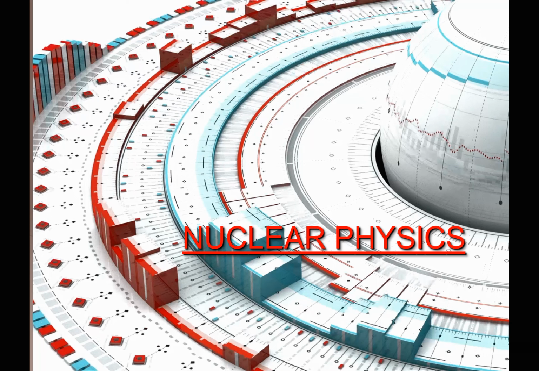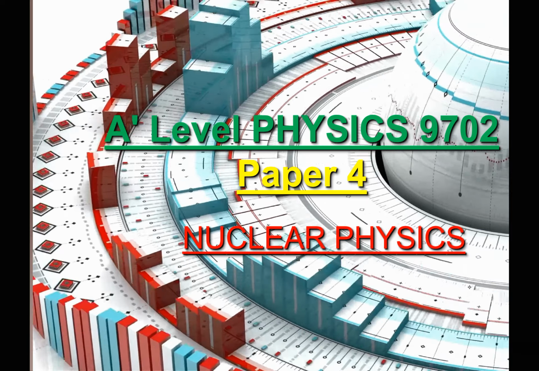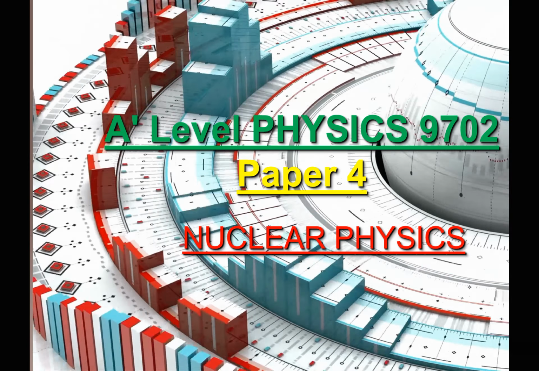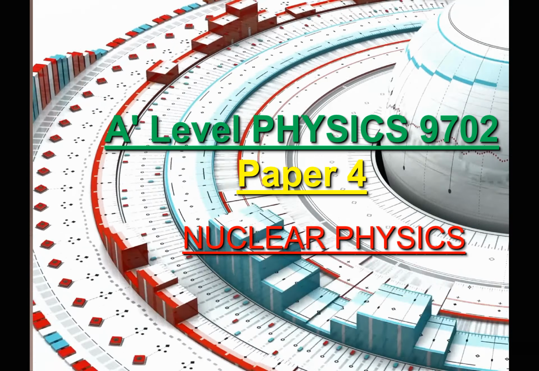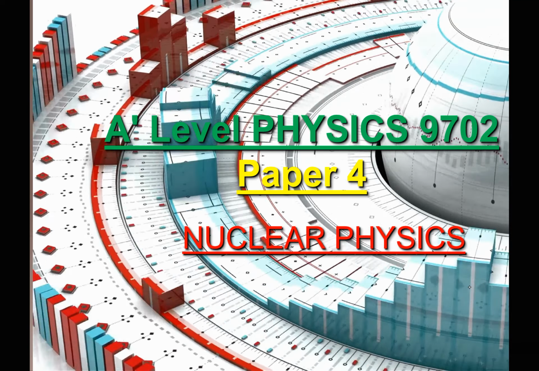So remember we are dealing with nuclear physics and this is A-level physics 9702. This is paper 4 and I want us to go to lesson 3.